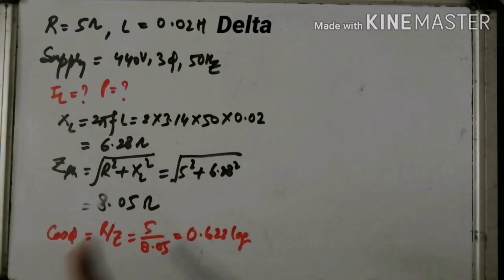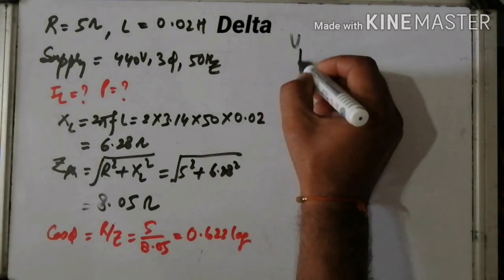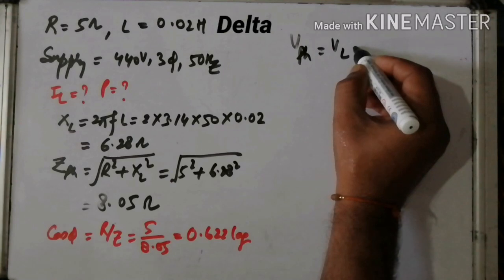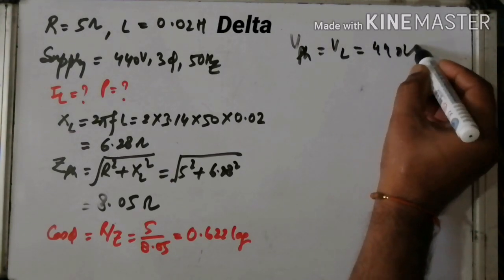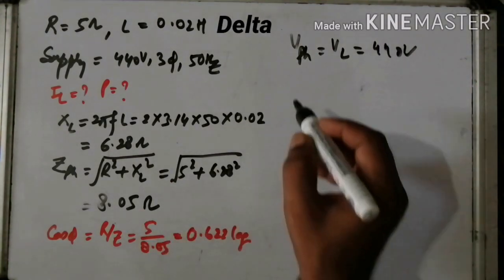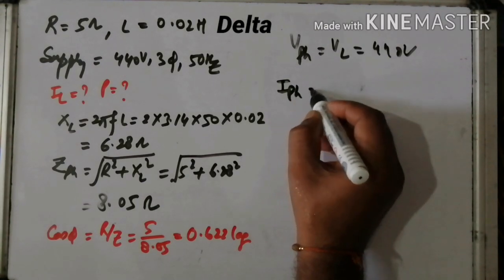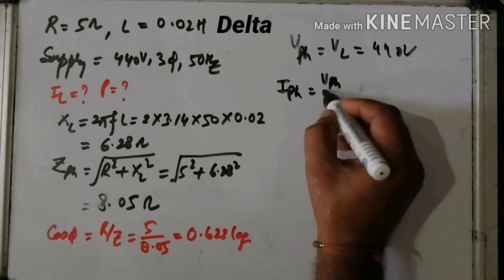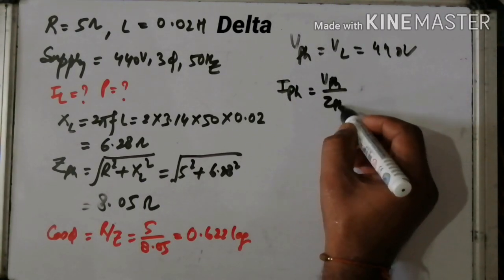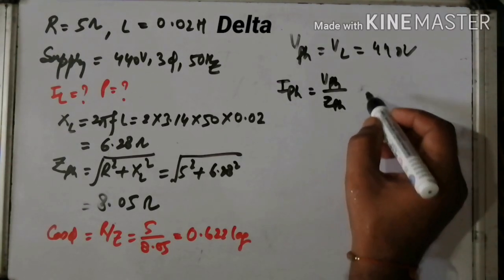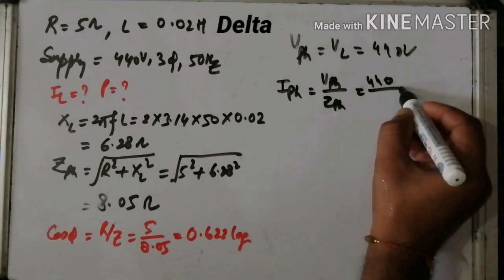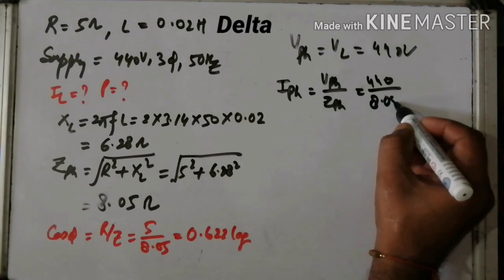According to the question, they are delta connected. So VPH is equal to VL, that is 440 volt. Now calculate current per phase, whatever the voltage divided by impedance per phase. 440 divided by 8.05.